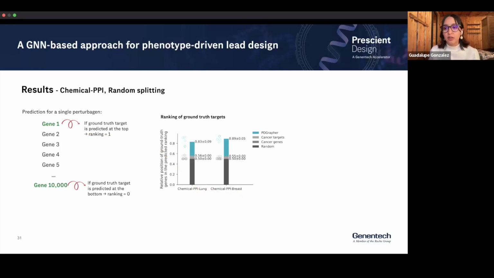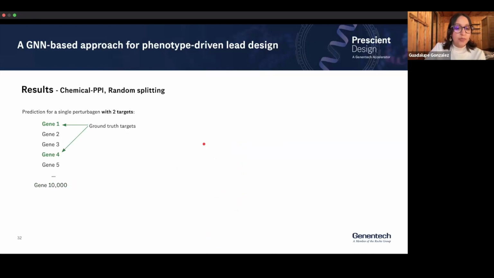I'll mention briefly how results compare with the other settings, but it's relatively similar. So we have here for chemical, lung and breast datasets, where we see that PDGrapher ranks the ground truth, the correct perturbations, at the top of the list.